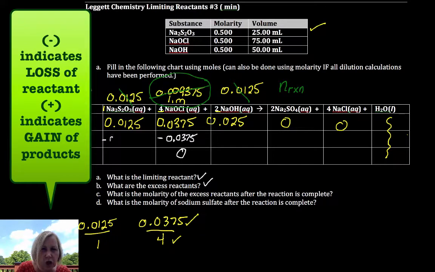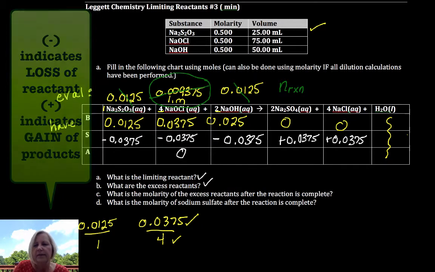So everything proceeds from our limiting. They all depend on that. I'm putting negatives here because we lose reactant. And I'm going to put positives because we gain product.